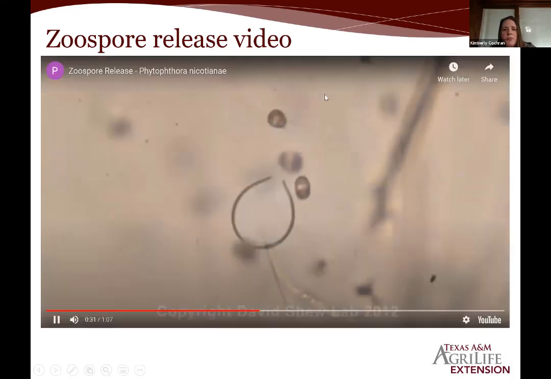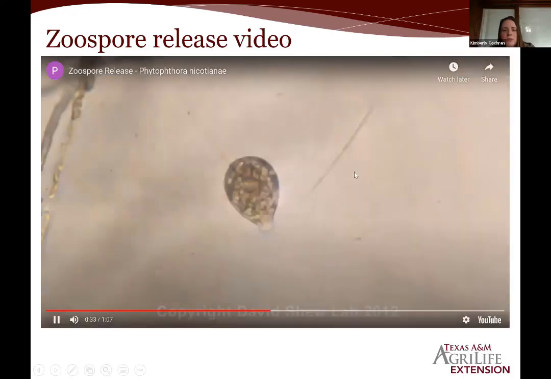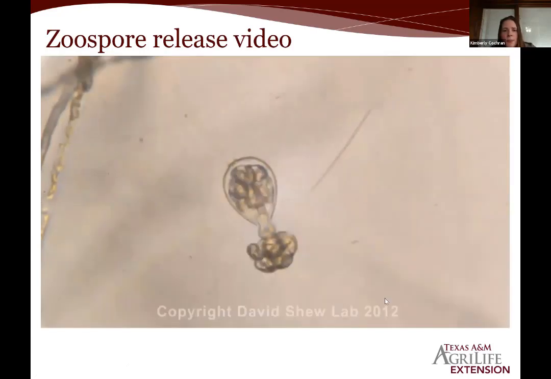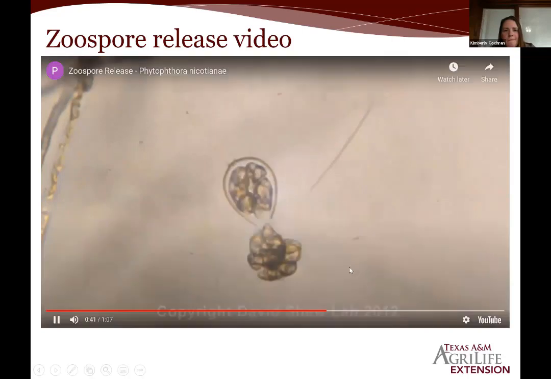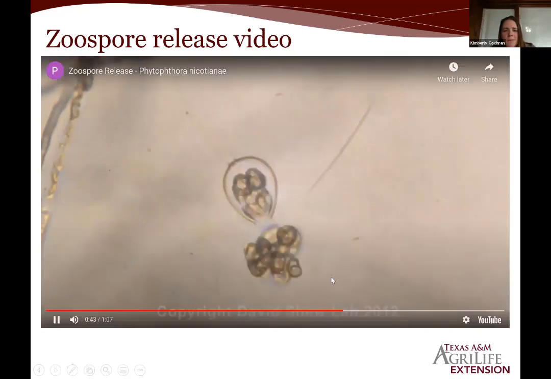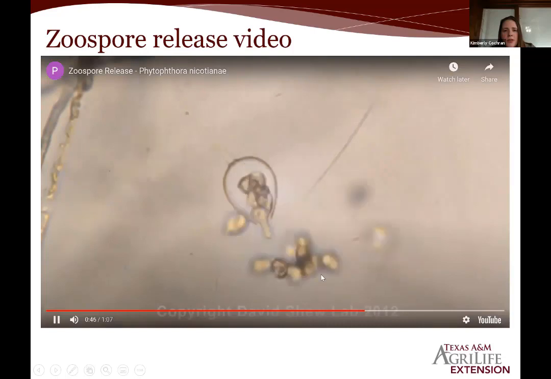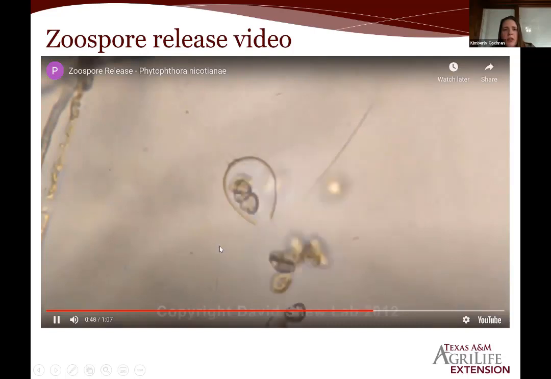And this is real time. They are pretty quick. And this is, again, just off YouTube. You can go watch tons of these videos if you're interested. So these, again, when they're mature, erupt and swim off to go find a new plant host to infect.